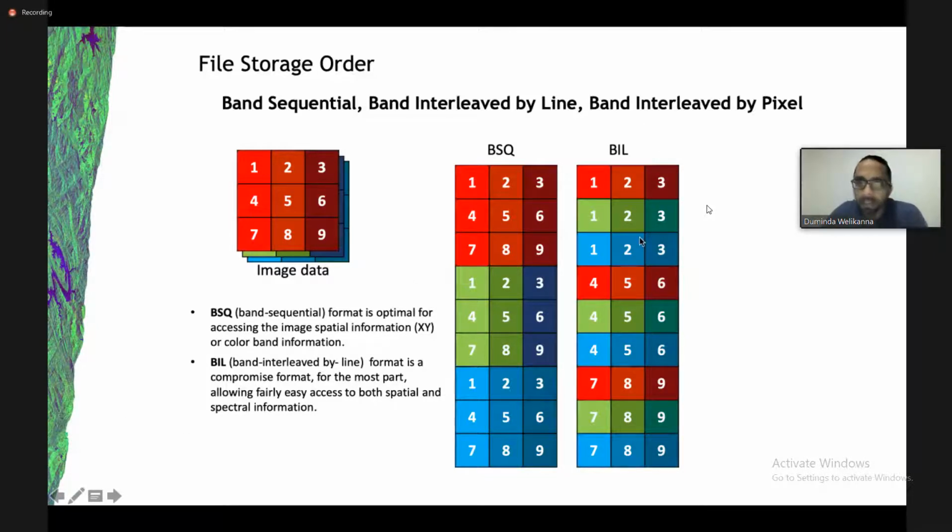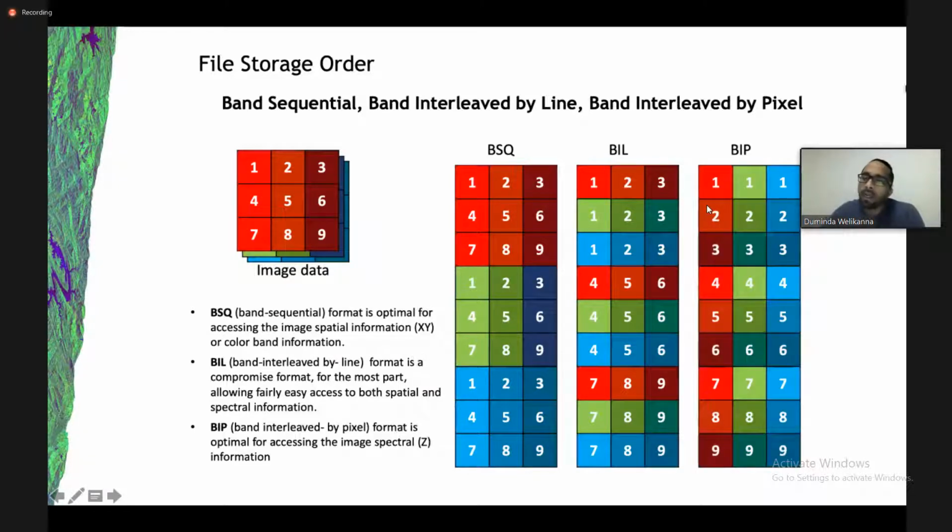And band interleaved by line: you can see the red image first pixel, the green image first pixel, the blue image first pixel, right? And there is a line pass and it becomes the second pixel, after line 444, again 777. Likewise, it goes to the second pixel, a line passes 555, a line passes 88.